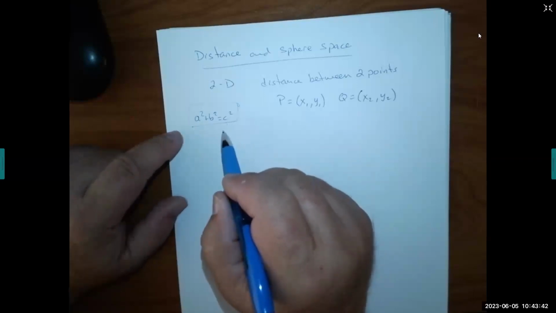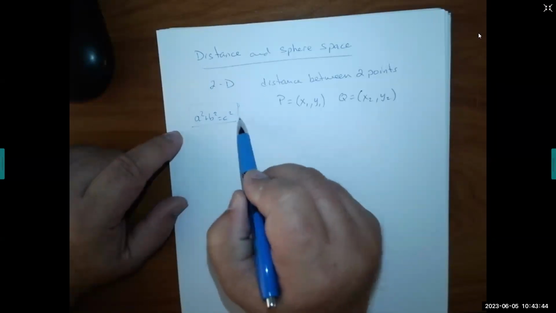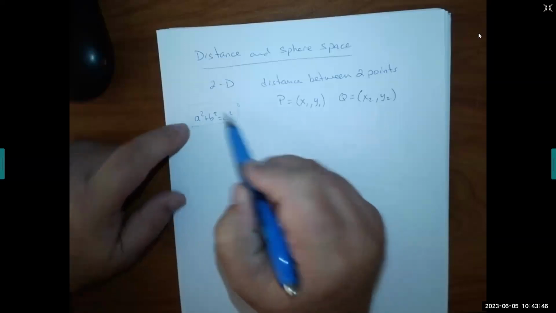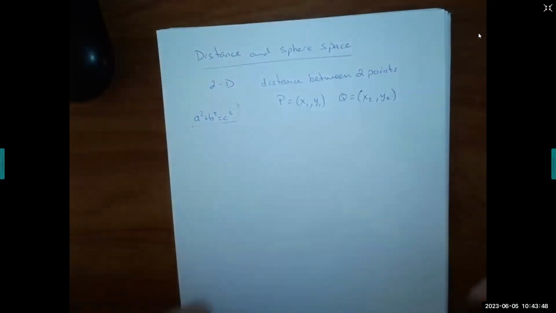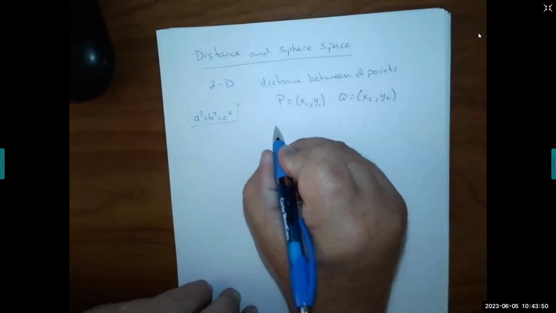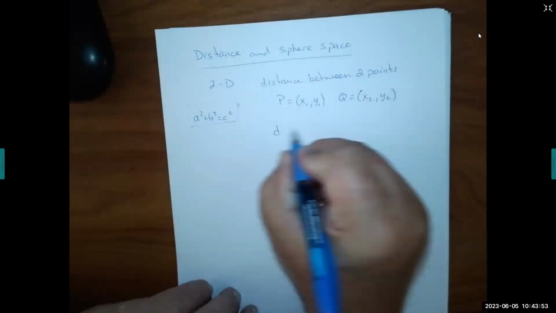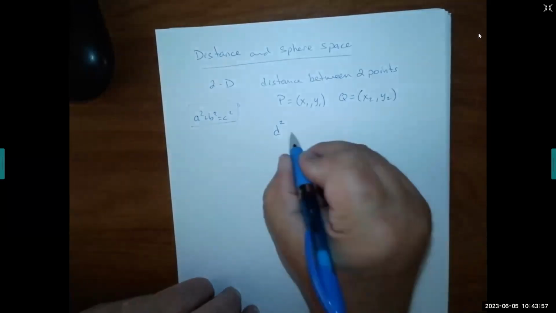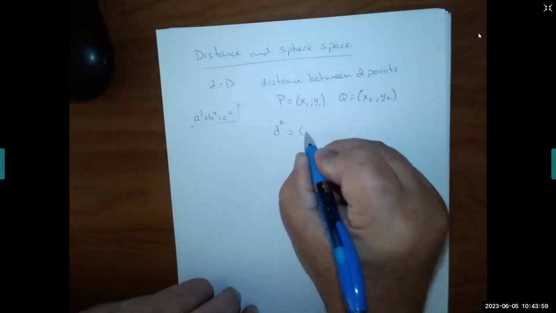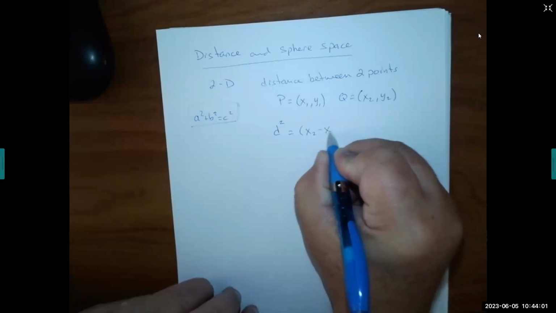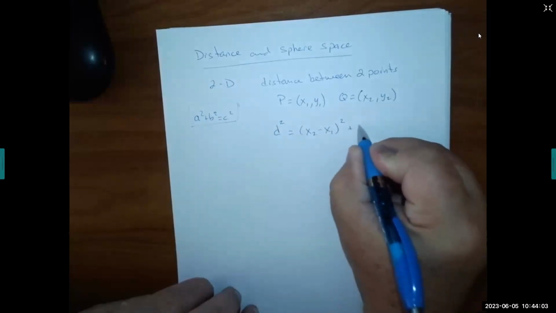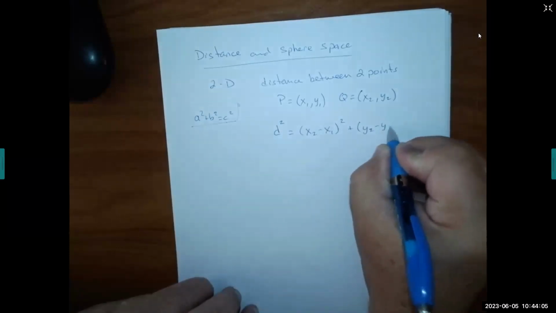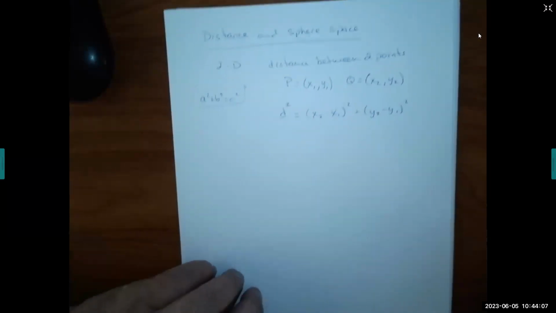Equation of a circle. x squared plus y squared equals r squared. So the Pythagorean theorem has a lot of uses. So the distance that we have to do using this, that's the distance between our 2 points. It's made up of x2 minus x1 squared, y2 minus y1 squared.